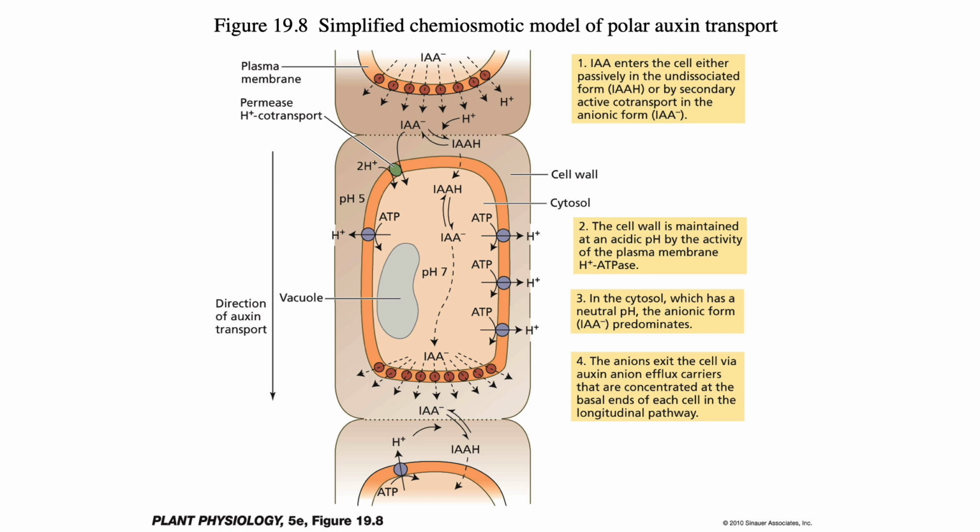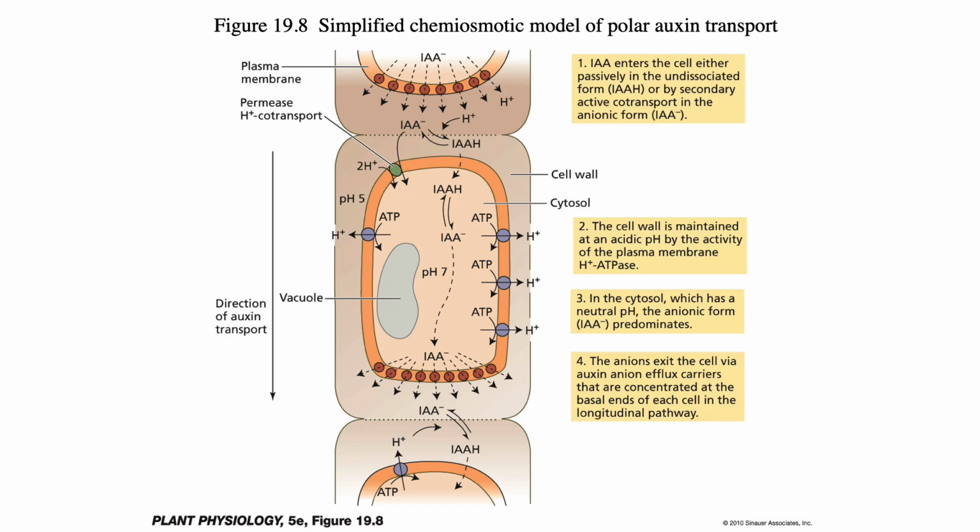Essentially, auxin can enter cells passively via diffusion of its uncharged form, IAAH, and it is then trapped inside due to the higher pH in the cytoplasm, where it dissociates into its charged form, IAA-. This unidirectional movement is further facilitated by specialized efflux and influx carriers, creating a polar transport system.